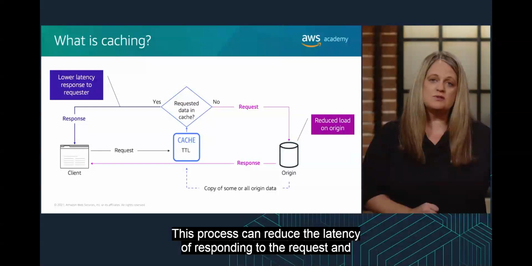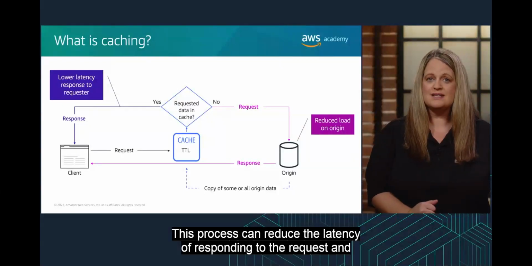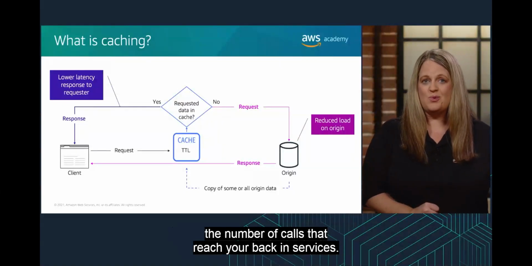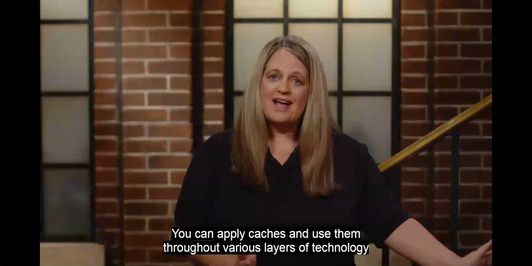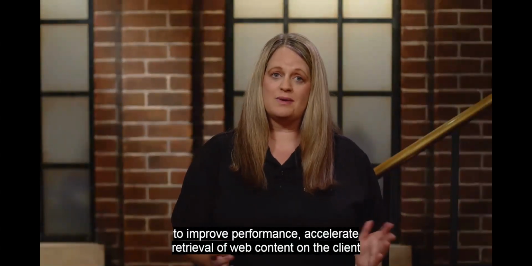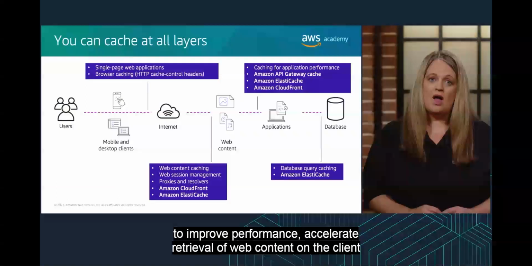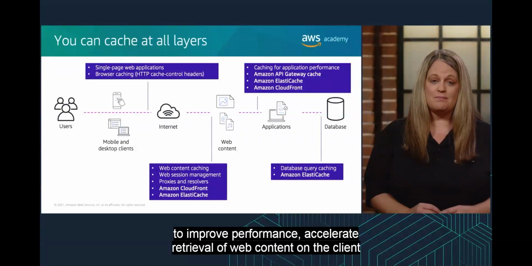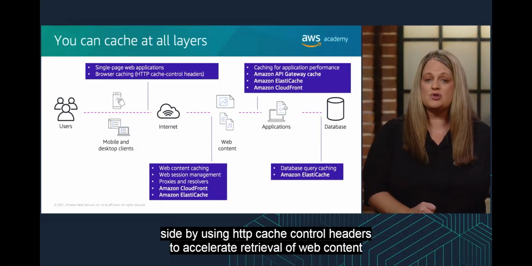This process can reduce the latency of responding to the request and the number of calls that reach your backend services. You can apply caches and use them throughout various layers of technology to improve performance. Accelerate retrieval of web content on the client side by using HTTP cache control headers.